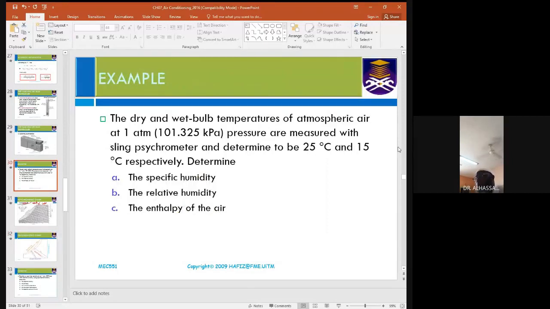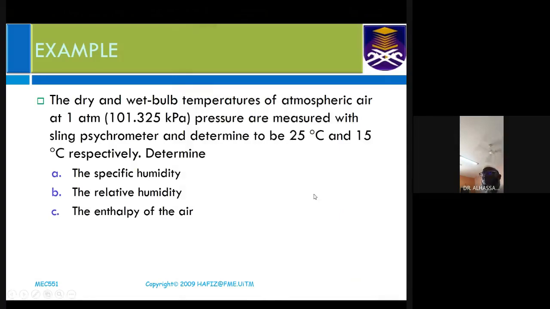Yes, so you can try to do this question if you go home. Okay, so this question says that dry bulb and wet bulb temperatures of atmospheric air at 101.325 kilopascal pressure are measured with a sling psychrometer and determined to be 25 degrees Celsius and 15 degrees Celsius respectively.